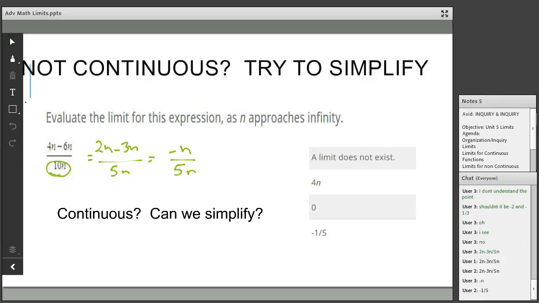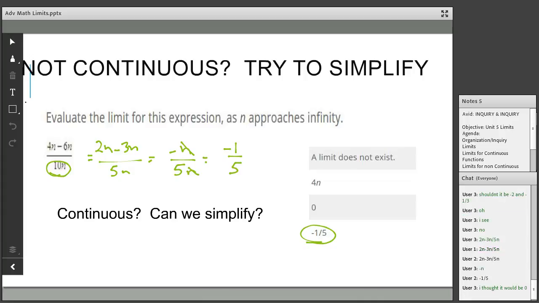Can they cancel out? Yep. Those are going to cancel out, and we're going to end up with negative 1/5 as our limit. Makes sense? It's not a continuous function, but we used our approach of decomposing or simplifying it.